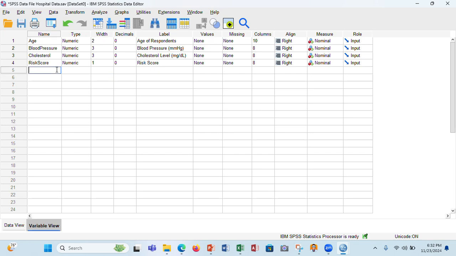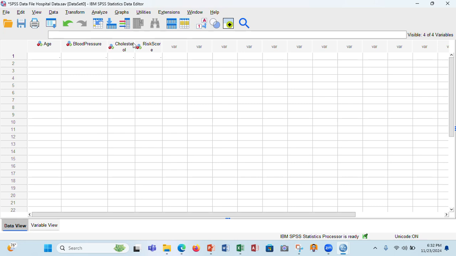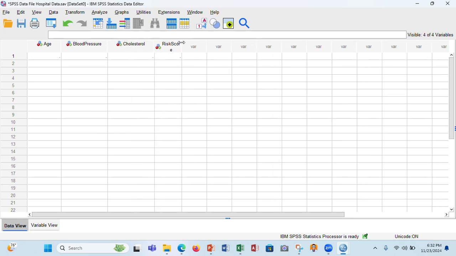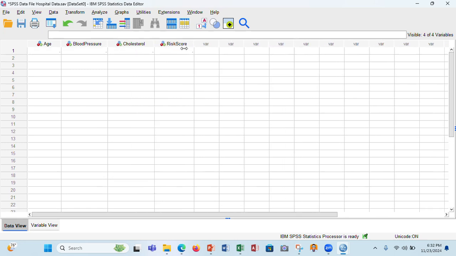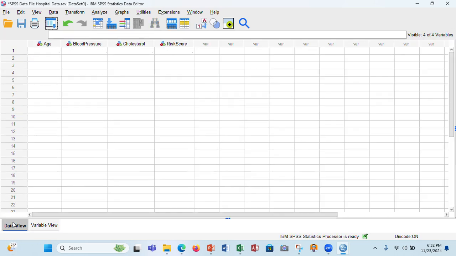Now what we have been doing here is programming what should happen in what we call the data view. When we have opened our data view on this side, you'll see that what we had as names of our data are now the column names for each of our data fields.